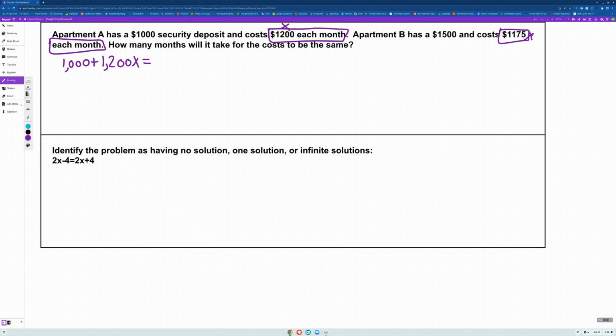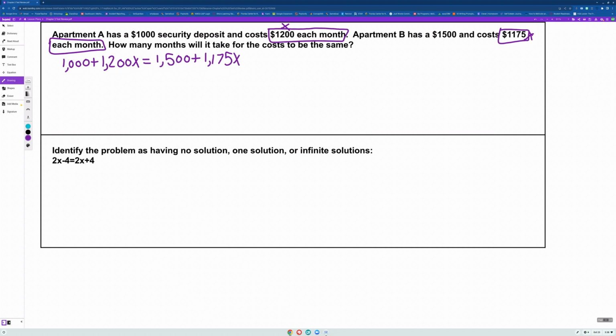I want to know how many months it will take for the costs to be the same, where apartment B is a $1,500 security deposit in addition to my $1,175 rent each month. So my problem is 1,000 plus 1,200x equals 1,500 plus 1,175x.